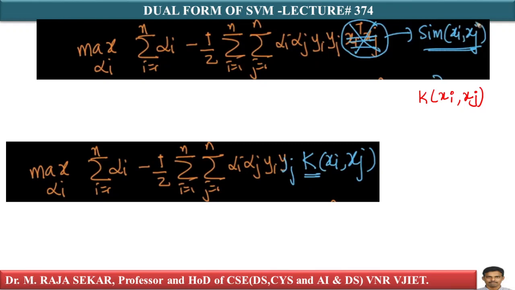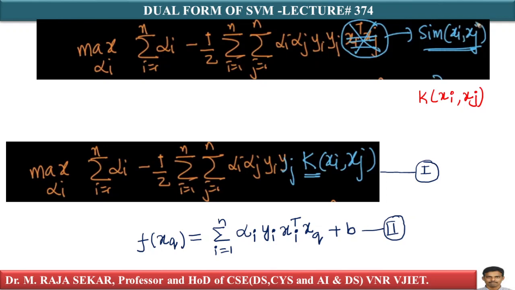Here k is called the kernel function, which is very similar to the similarity function. We will understand what a kernel function is in a little while. Roughly, I can say it is similarity between xi and xj. At the end of the day, we have to compute f of xq.